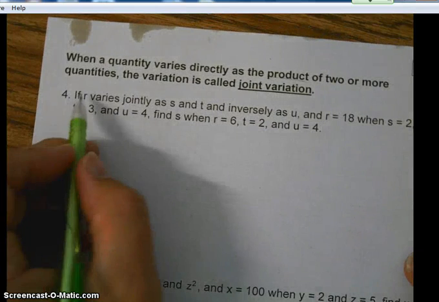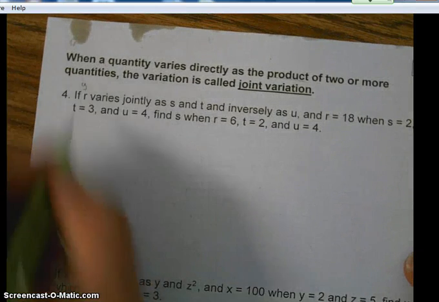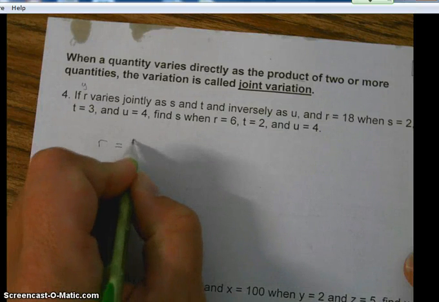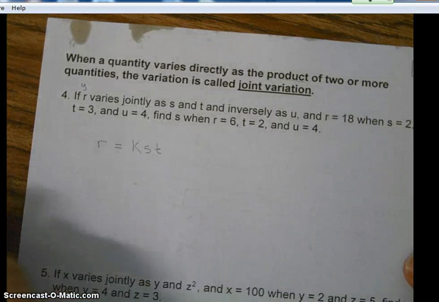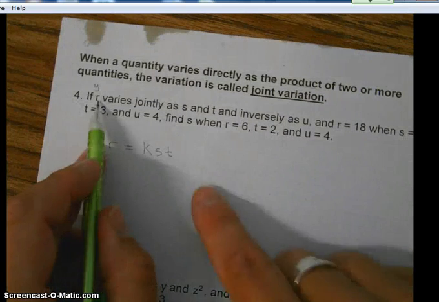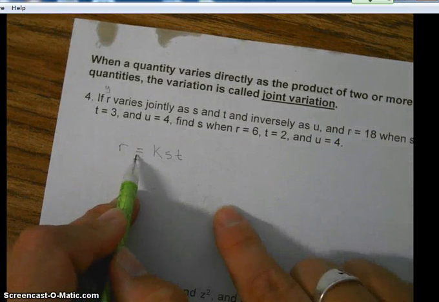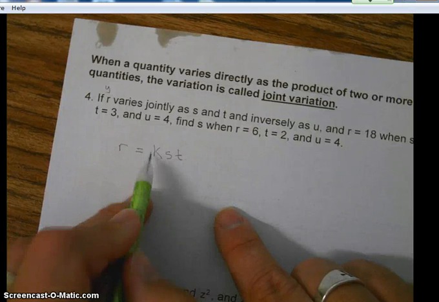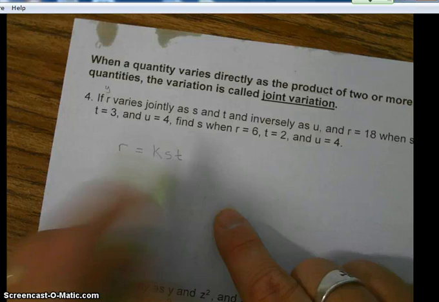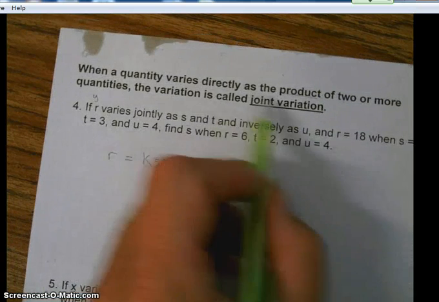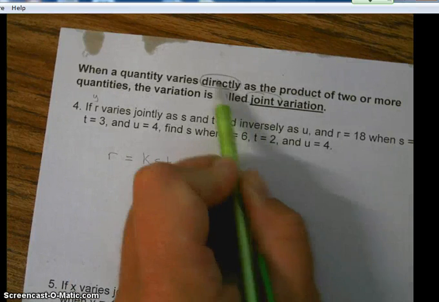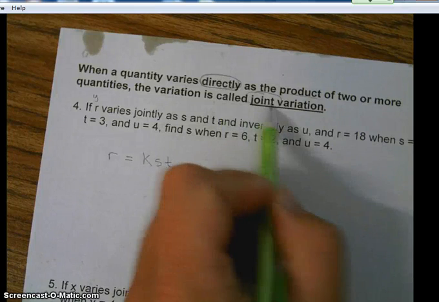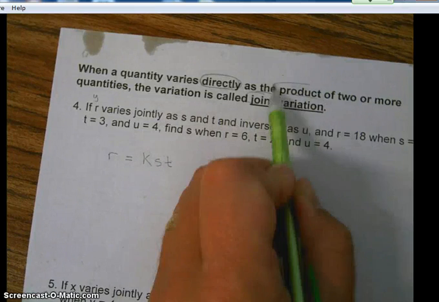Okay, so we start off, instead of y, they use r. Okay, equals, there's our constant. Okay, s and t. So you just put s and t. So r varies jointly, okay, as s and t. So you got k times s times t. So they're related directly, and a joint variation are very similar in their structure of multiplication.